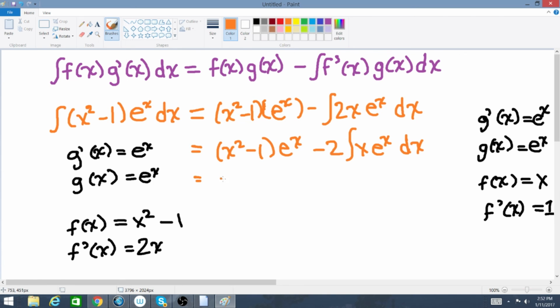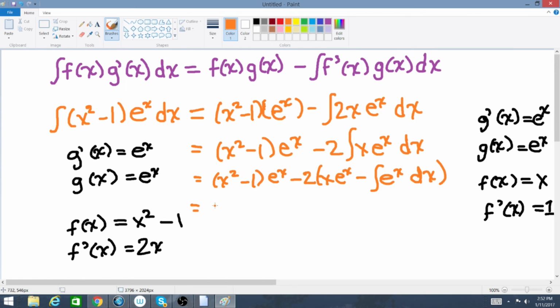Okay, so let's continue. Let's rewrite this. x squared minus 1 e to the x minus 2 times, and again, because we're finding the integral of this portion, we have to use this formula again. So again, f of x times g of x, which is x times e to the x, minus the integral of f prime of x times g of x. f prime of x is 1, and g of x is e to the x, so e to the x dx.